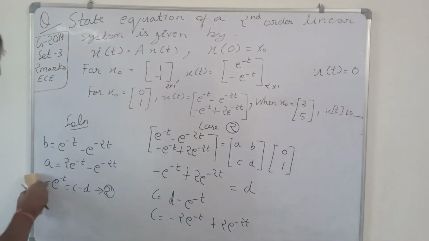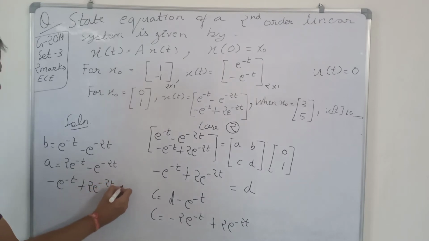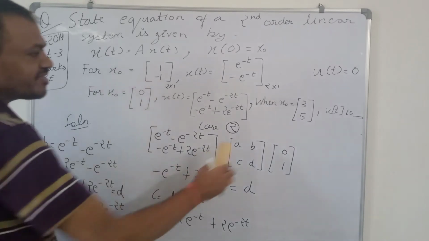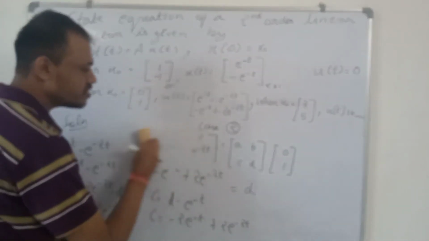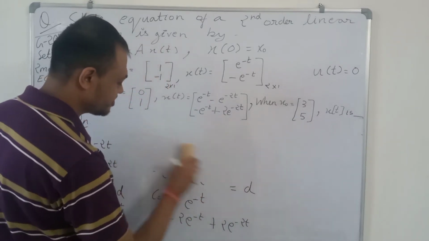So c will be equal to d minus e to the power minus t, so c is equal to minus 2 e to the power minus t plus 2 e to the power minus 2t. Now we are given that for x0 equal to 3, 5, we have to find x of t.